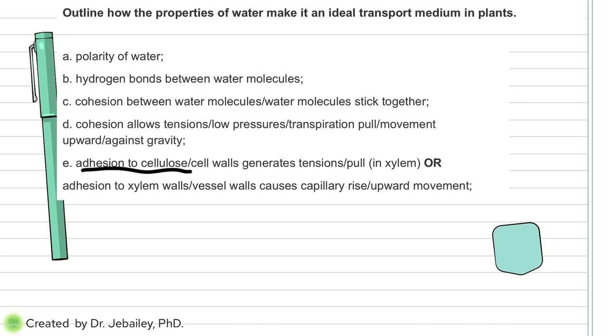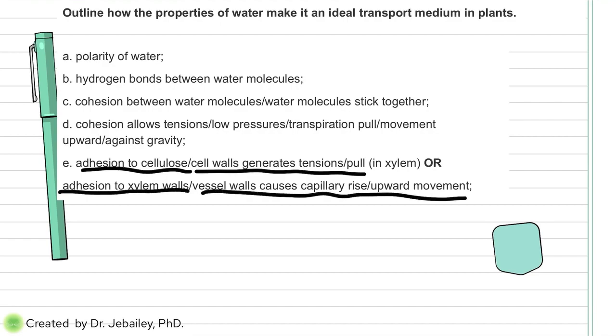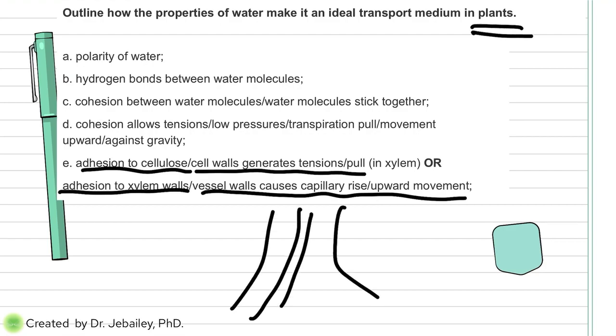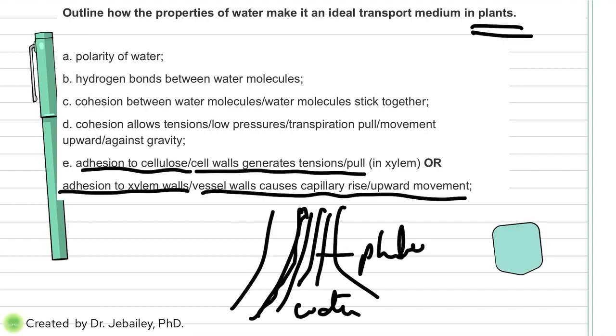Adhesion to the cellulose in cell walls generates tension again. Adhesion to cell walls and vessel walls causes capillary action. Since this is talking about plants, we're talking about water going up. If the water is going up, we also have the phloem, and in the phloem you have transport of water up and down through mass flow.